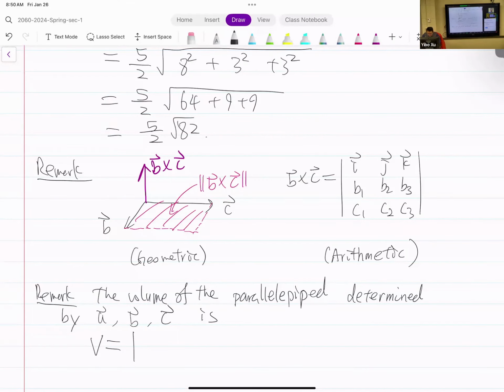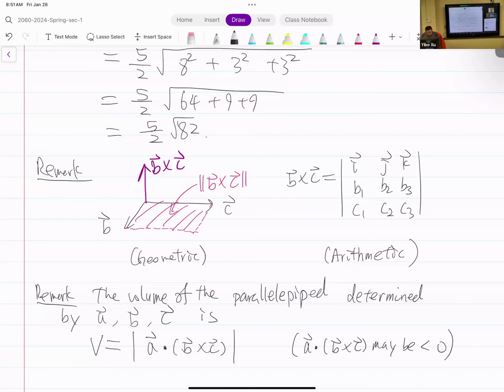So if you want to write it out, this is actually the vector A dotted with B cross C. So B cross C is that vector U. So A dot U or U dot A, that's going to be the same, but we just take the absolute value to get the true volume, positive value. Okay. So A dot the cross may be negative.